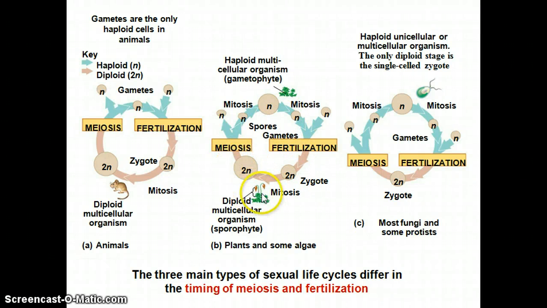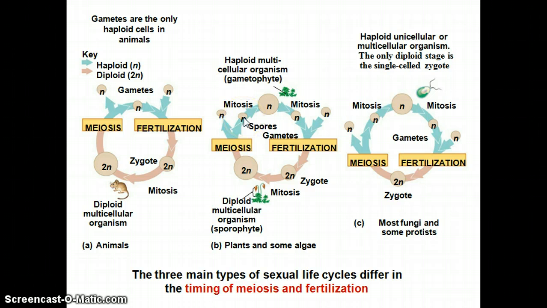So the sporophyte plant stage is the diploid stage. And then through meiosis, the sporophyte plant produces spores, which are haploid.